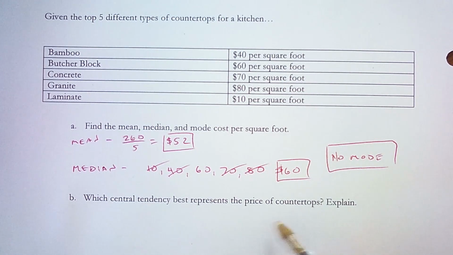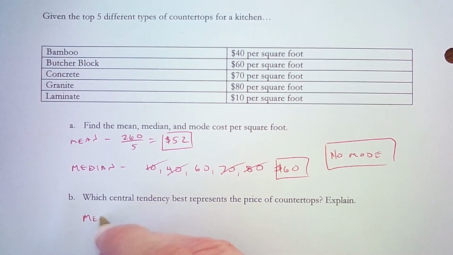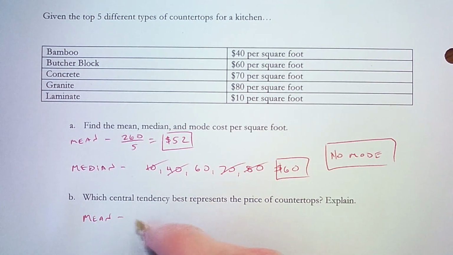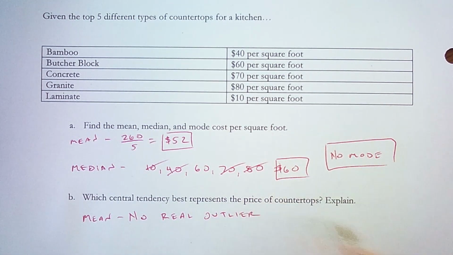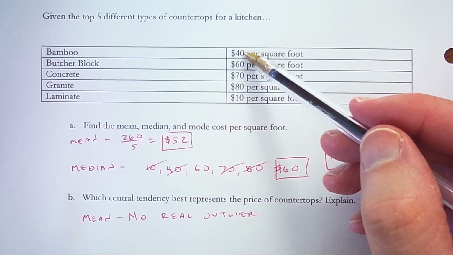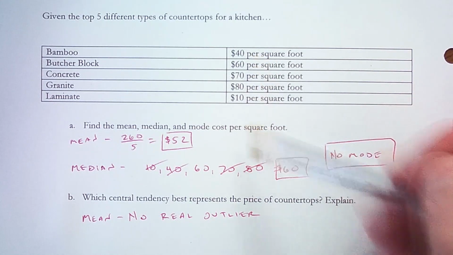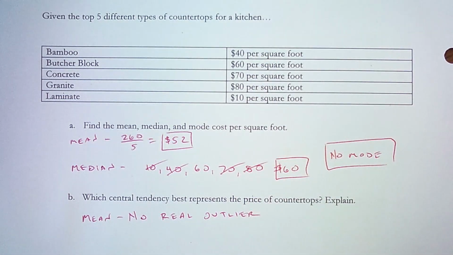Which central tendency best represents the price of countertops? In this case, I would say mean is not bad because there's no real outlier. Now, you could argue that $10 is pretty far from the 40, but it's not a major outlier, so I would still say mean.